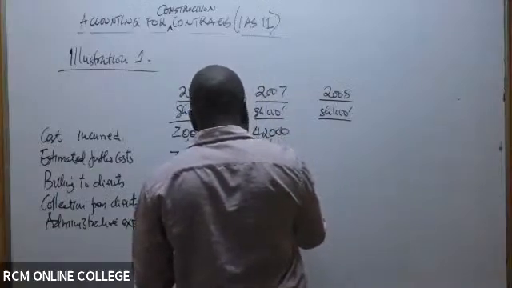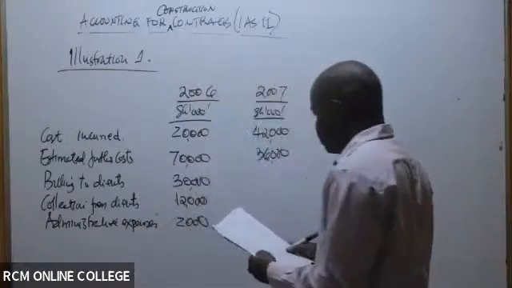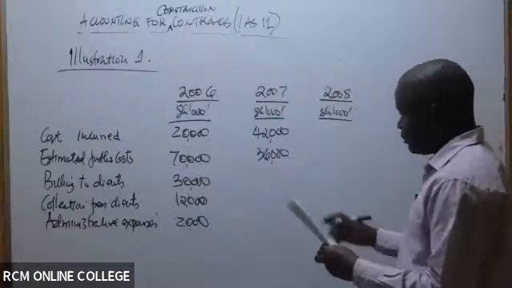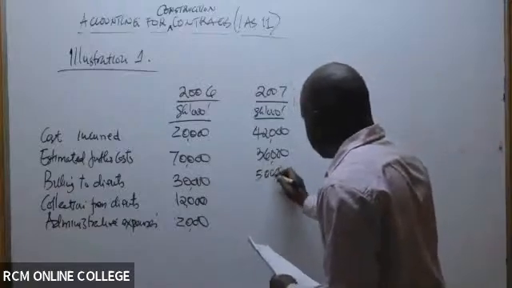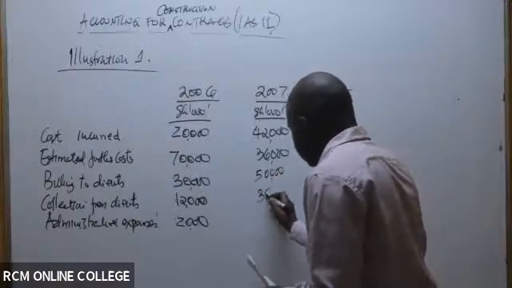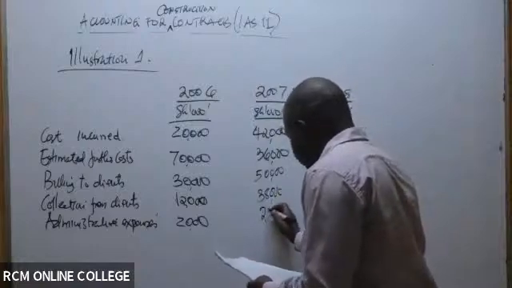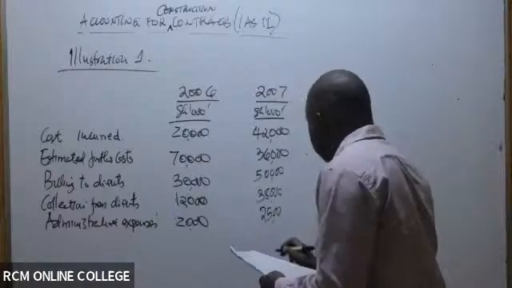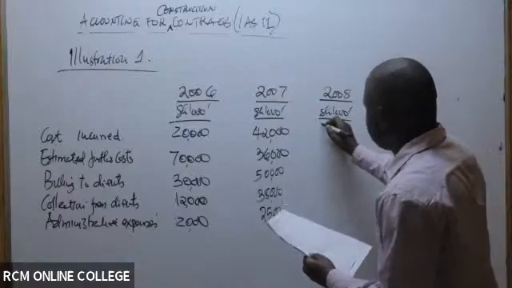This one is 36 million. This one is 50 million. This one is 38 million. This one is 2.5 million. Then in the last column, the cost incurred to date is 32 million.